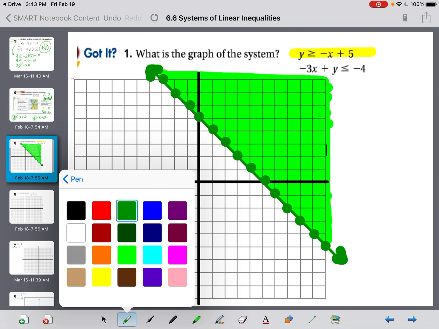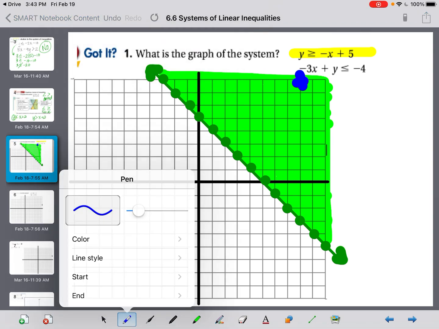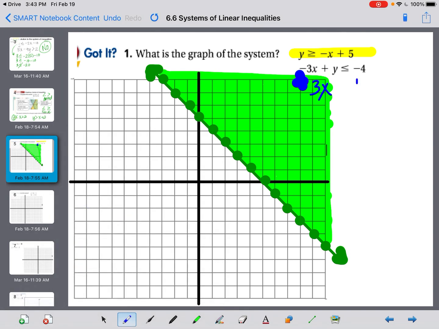All right, the next one, I want to get the y by itself. So I'm actually going to add 3x to both sides, which leaves me with y is less than or equal to 3x minus 4.